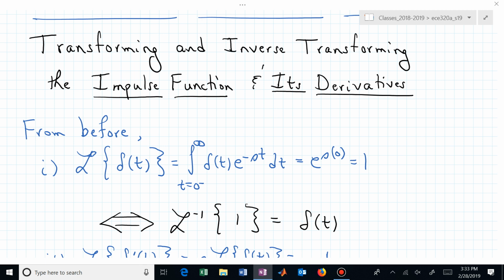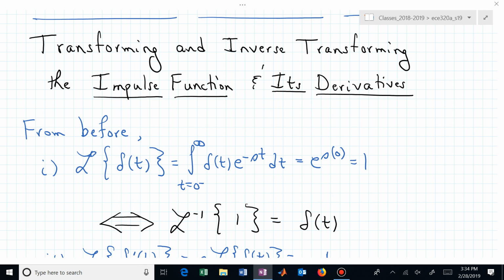So we now have a sifter, close enough, and it sifts out the integrand at the instant of time when that impulse is active. And that particular impulse is active right at t equals 0. That means it evaluates what's inside that integrand, or in the argument of the integral, at t equals 0.